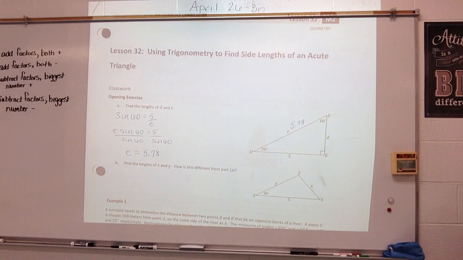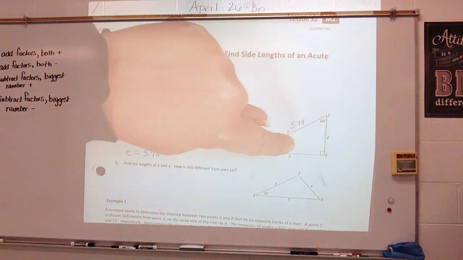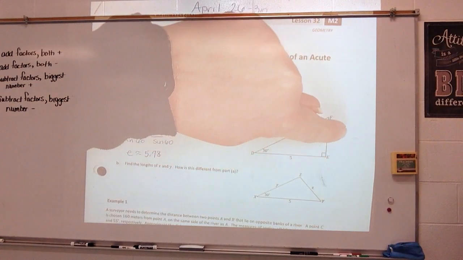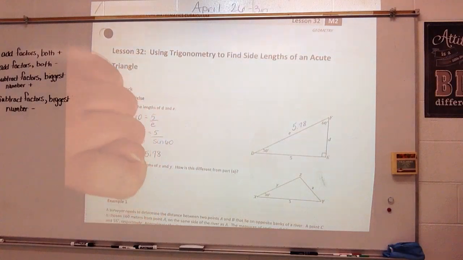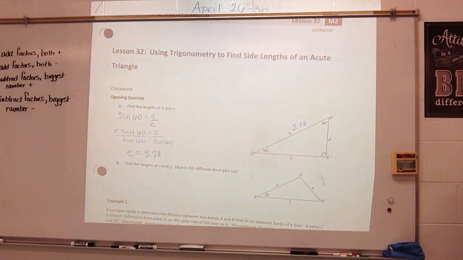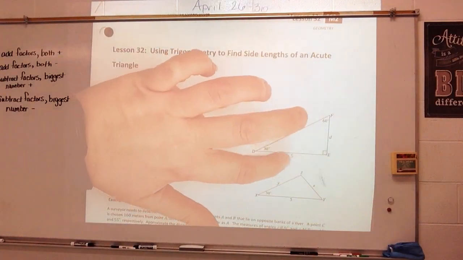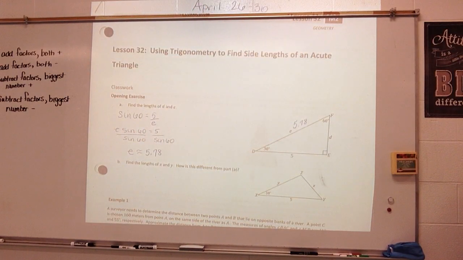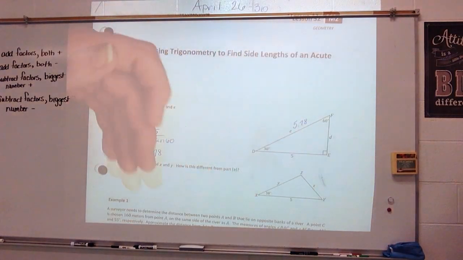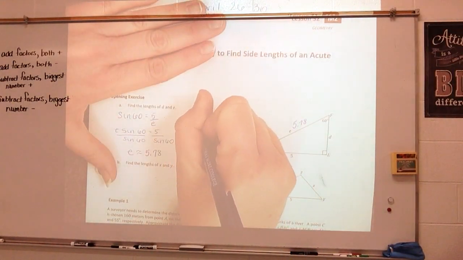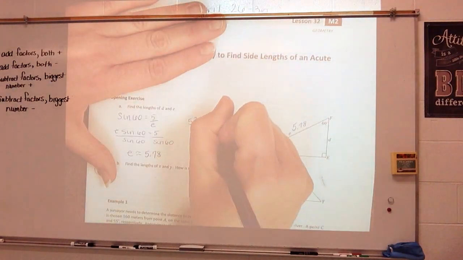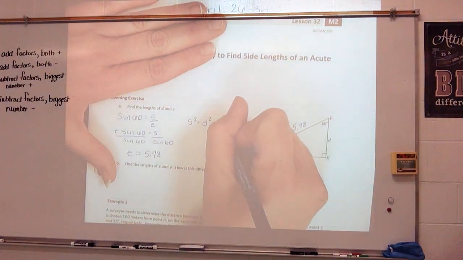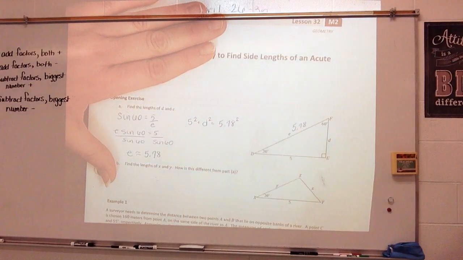Looking at this, the 30 is adjacent over hypotenuse, but that's not going to help me. So how might I be able to do this? Well, I can do Pythagorean theorem, whatever your choice is. 5 squared plus d squared is equal to 5.78 squared.